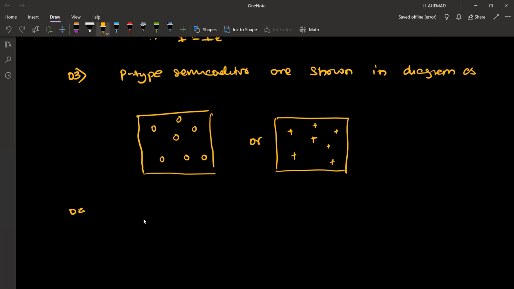Just like n-type semiconductors, p-type semiconductors are also electrically neutral.